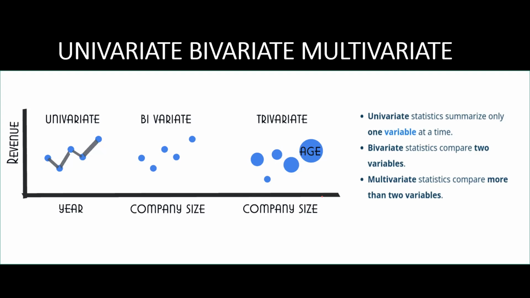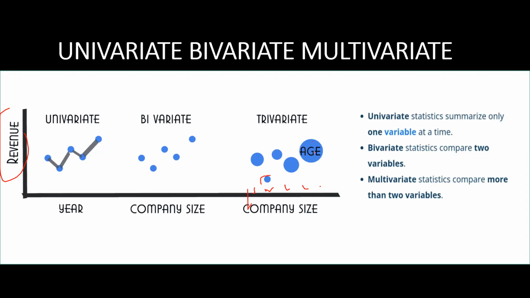Then you can have 3 variables. In this case, you have company size on the x-axis, revenue on the y-axis. Company size could be small, medium, large, extra large, whatever, right? Revenue less, more, high. And then you have the age of the company. How old is the company?